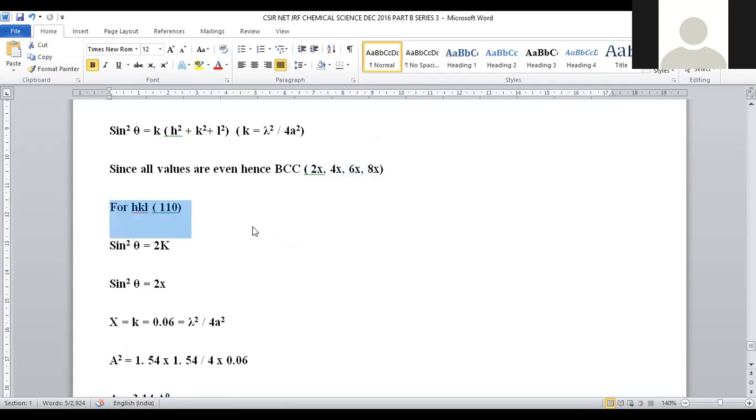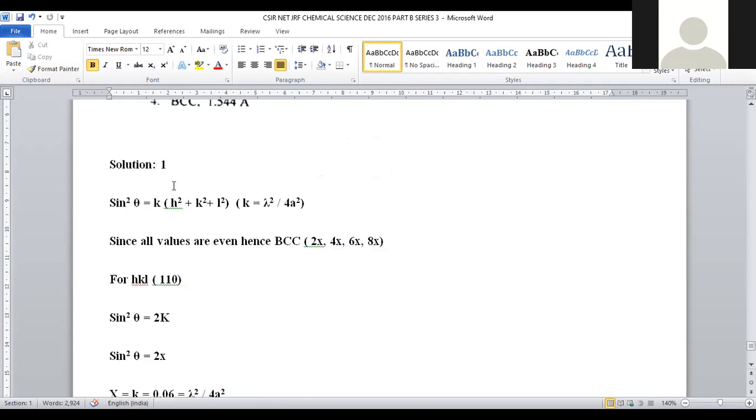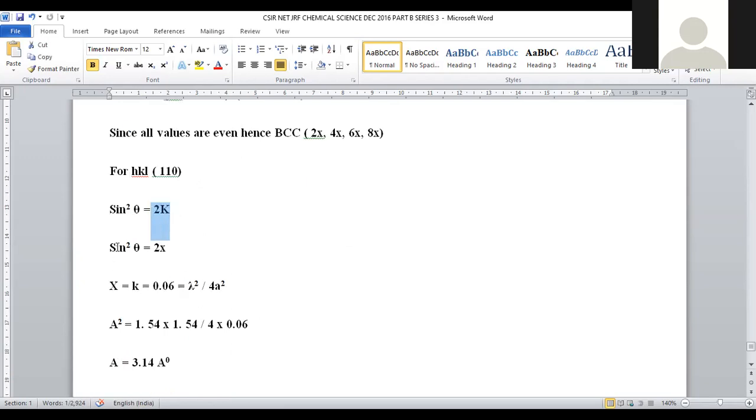The possible Miller index for BCC, hkl, will be 110. Let us substitute in this equation: k into 1 square plus 1 square plus 0 square, which becomes 1 plus 1, that is 2. So sine square theta is given by 2k.